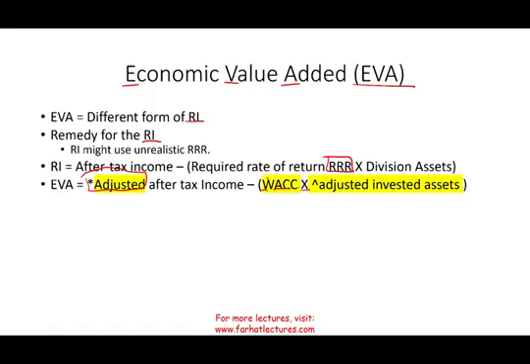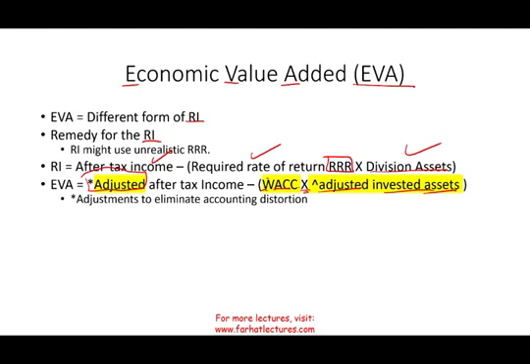And we're going to multiply not by the division's assets, but by the adjusted invested assets. We're going to start with the division assets, then make small adjustments. Simply put, we're going to make an adjustment to income, an adjustment to the required rate of return, and an adjustment to division assets to find out what EVA, the economic value added, is. Basically, it's the same thing as residual income.